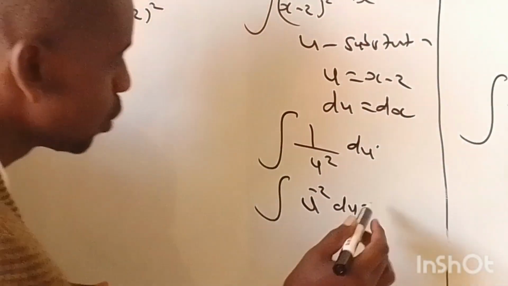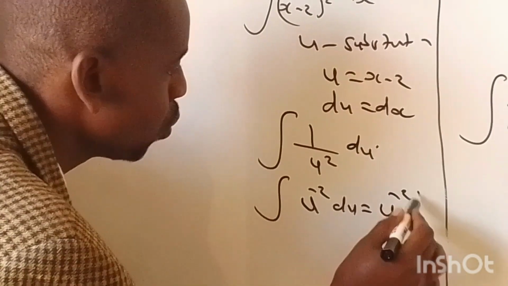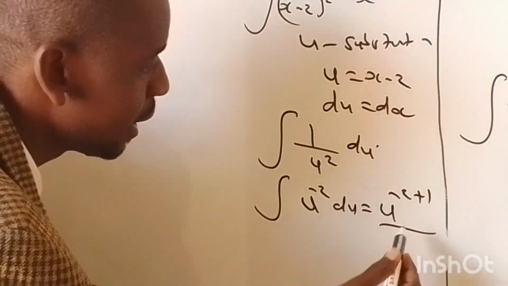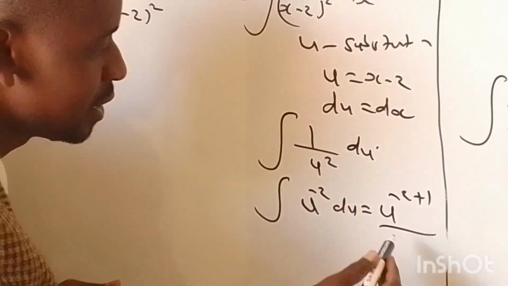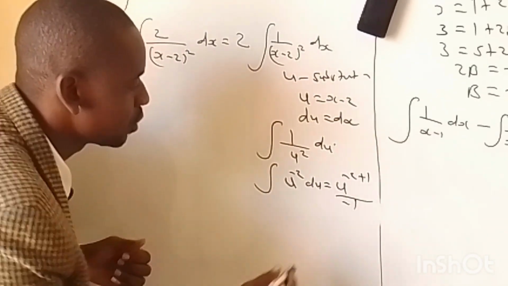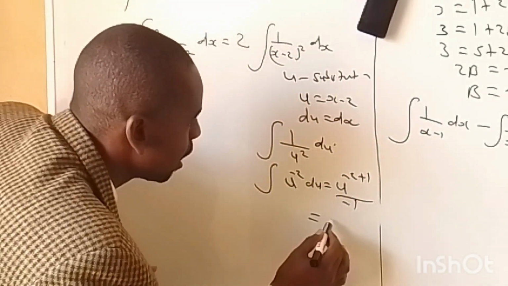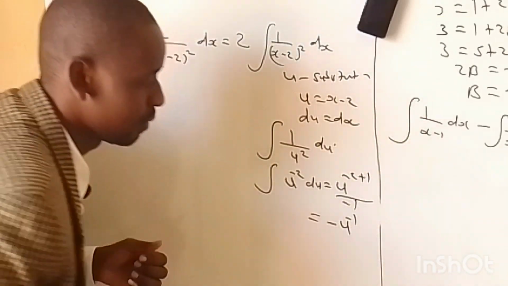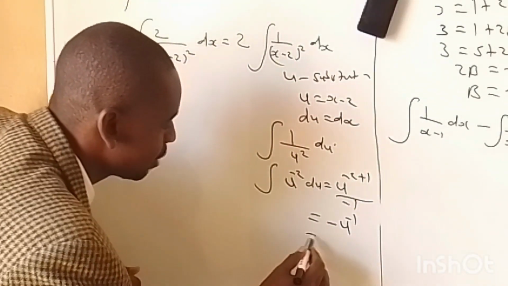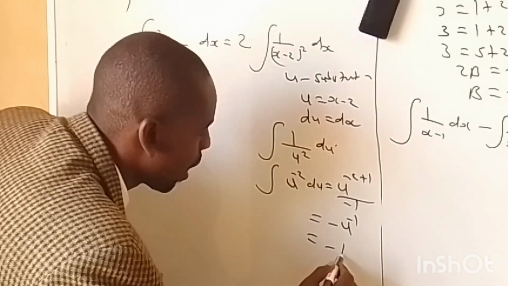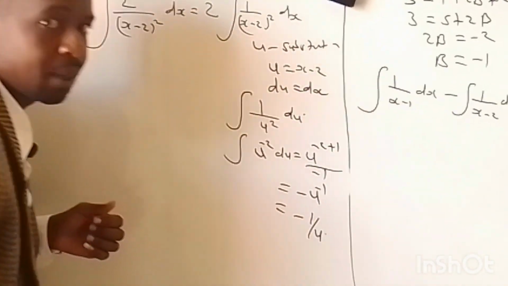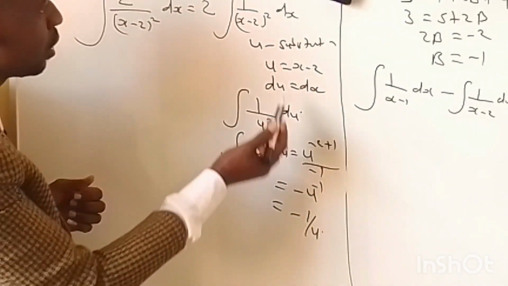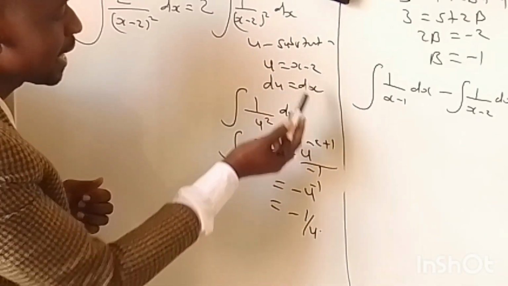Integrating that, we have u to the negative 2, you add 1, then divide by the new index, which is negative 1. So we have eventually negative u to the negative 1. When you write it back again, we have negative 1 over u. And remember, u is x minus 2.